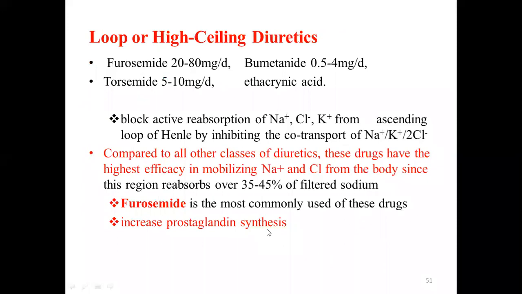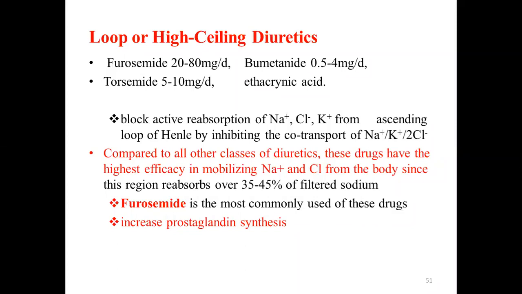Okay, the next class of diuretics, which is most commonly used, is loop or high ceiling diuretics. They are called high ceiling because they have a significant potential to reduce the blood volume. That is why they are called high ceiling diuretics, because more sodium and chloride reabsorption occurs in the ascending loop of the renal tubule.